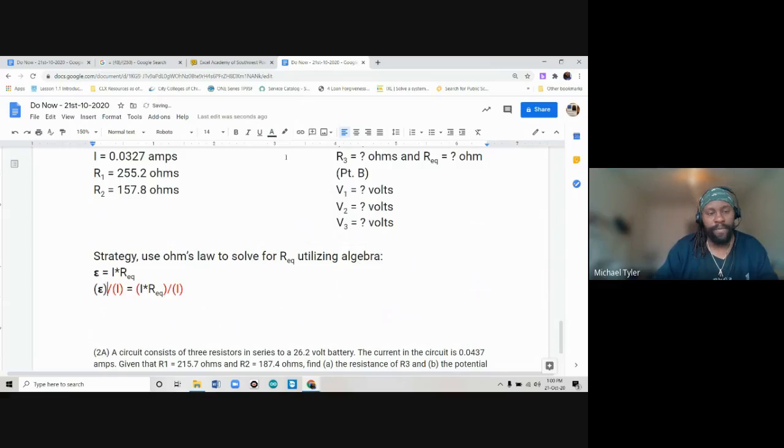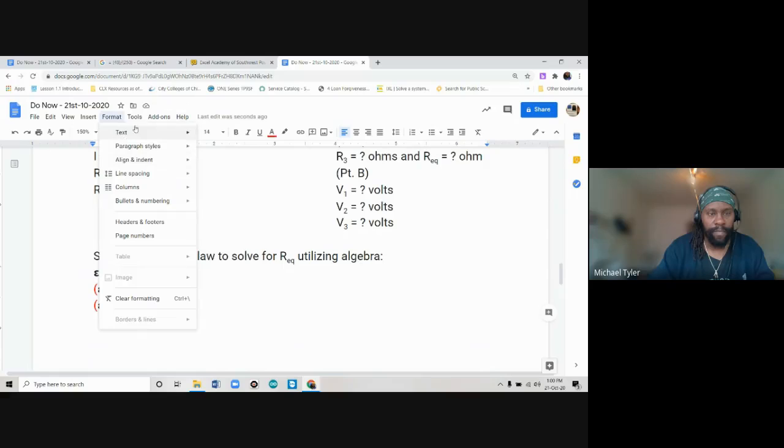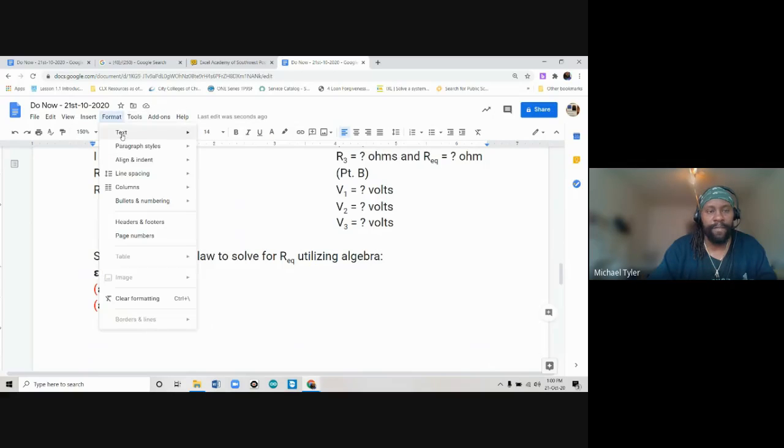So now we have this new situation. Okay. So we clean the equation up now. And we end up canceling out the I's, right? Cancel that one out too there. And this I and all this multiplication, it's just REQ that's left right there by itself.